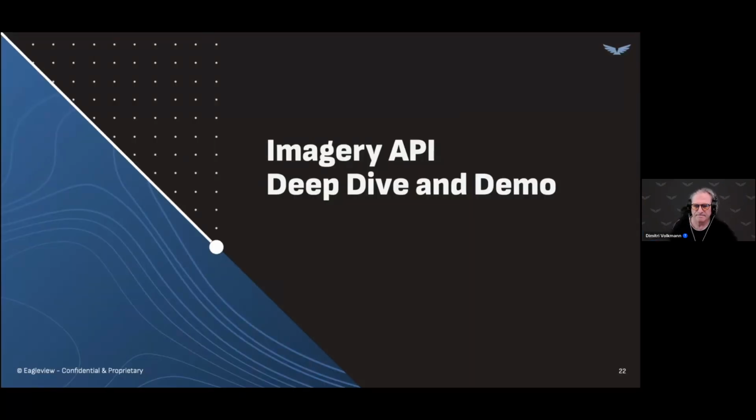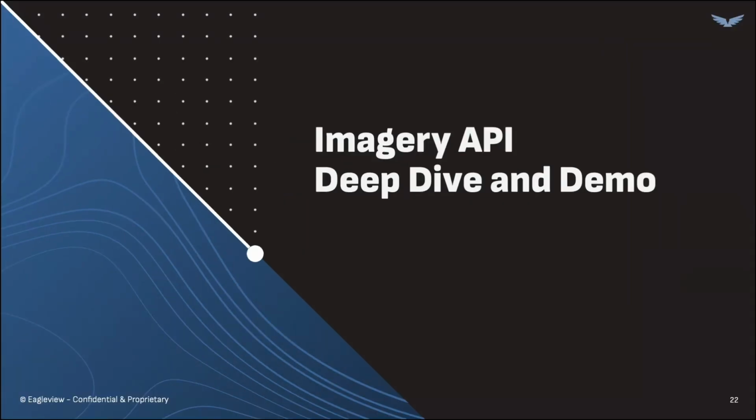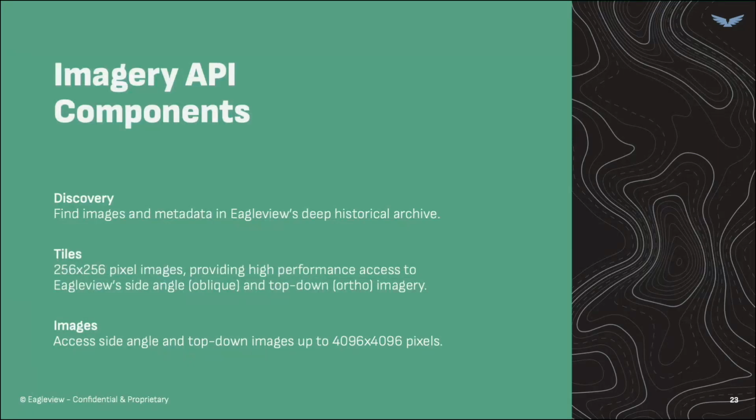Hi everyone, I'm Josh Maisie, Principal Technical Product Manager at Eagleview. Today I'm going to give you a deep dive into the imagery API and provide a demo. Now before we get started, it's useful to understand the different components to Eagleview's imagery API. Each of these components contain one or more different API operations. So discovery lets you find images and metadata in Eagleview's deep historical archive.